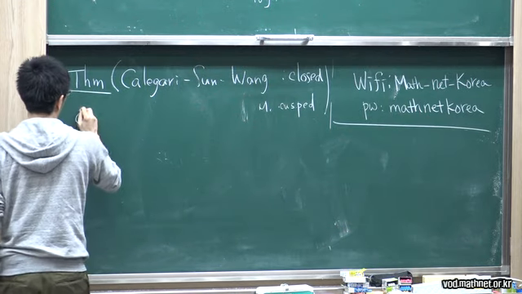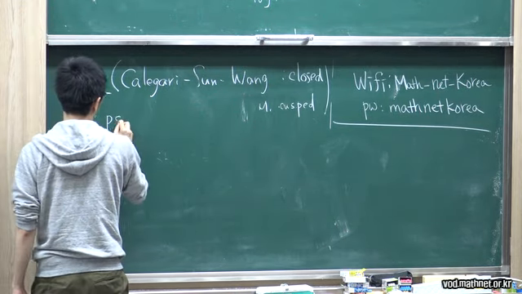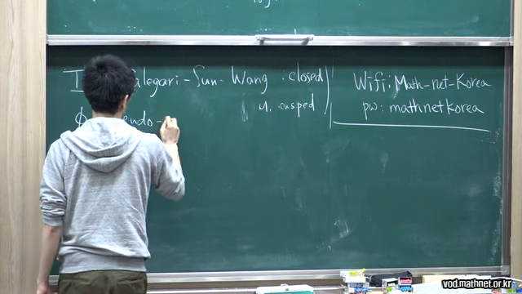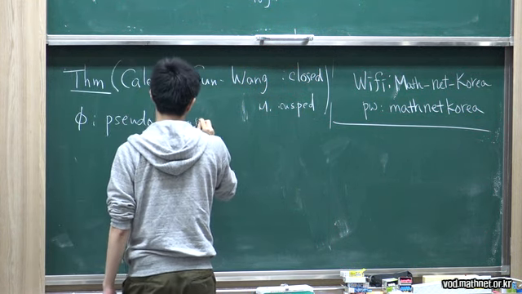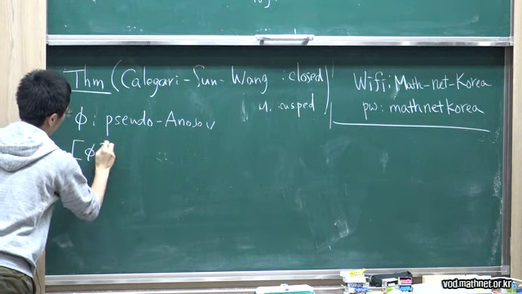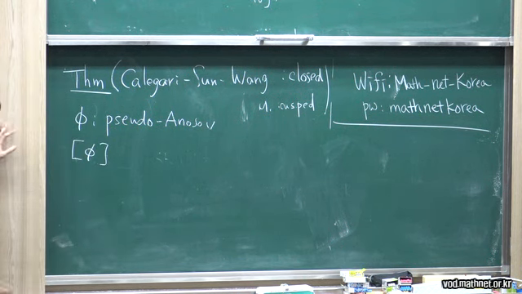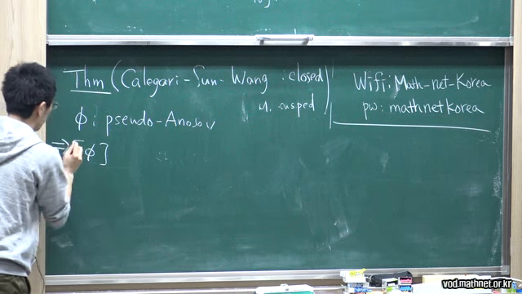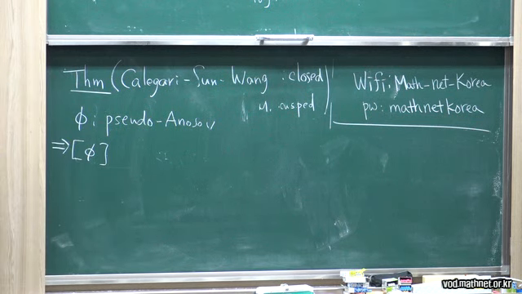So let phi be a pseudo-Anosov element. And I will use the notation bracket phi to mean the commensurability class. So actually, I always consider the conjugacy class or covering equivalence class.